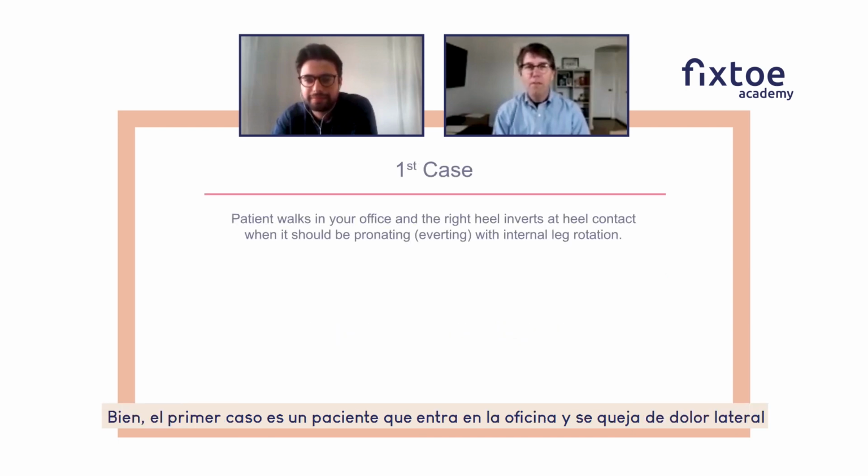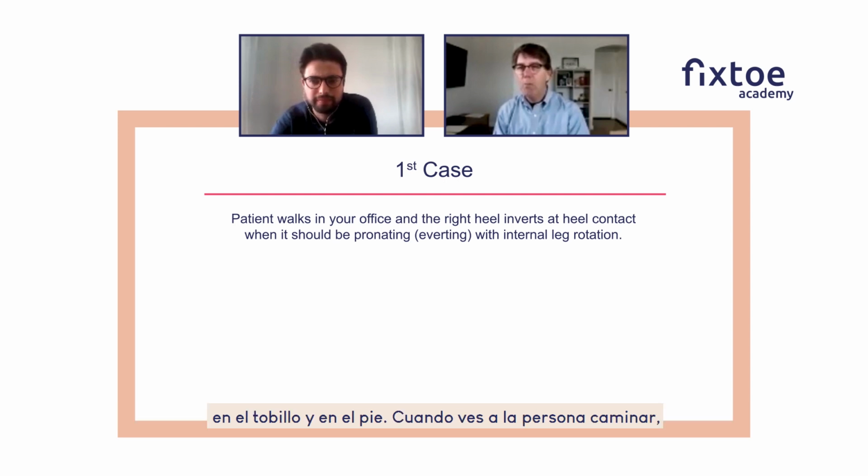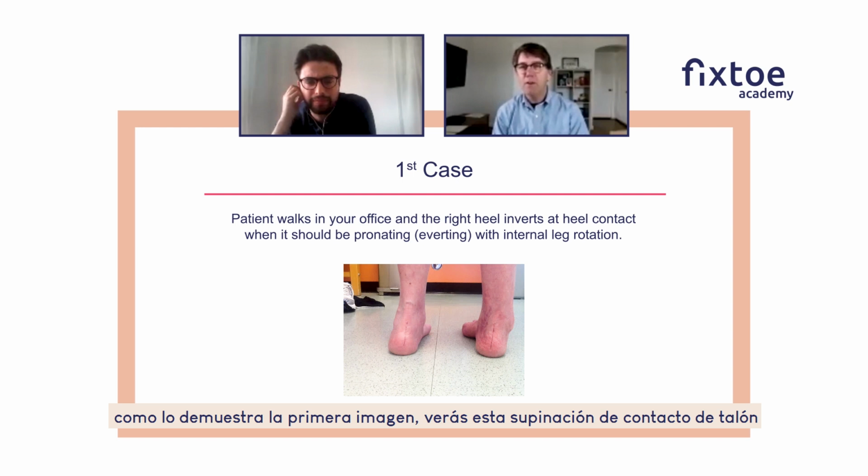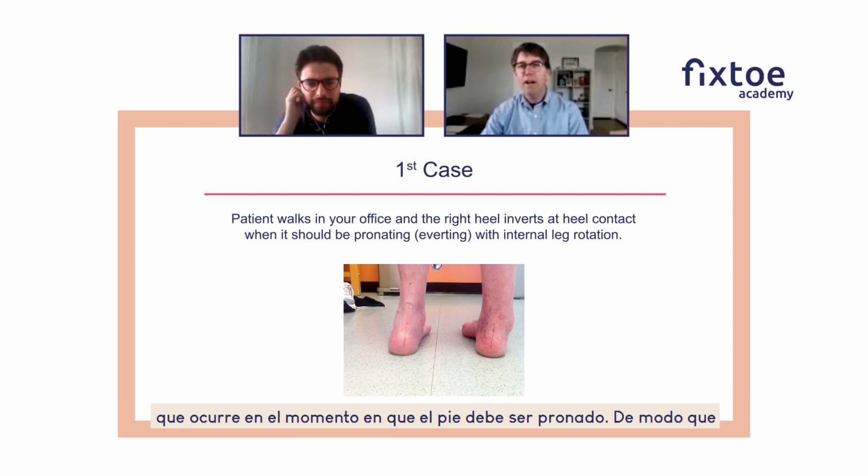So the first case is a patient who walks into your office and complains of lateral ankle pain and lateral foot pain. When you watch the person walk, as demonstrated by the first image, you'll see this heel contact supination that's occurring at the time that the foot should be pronating.